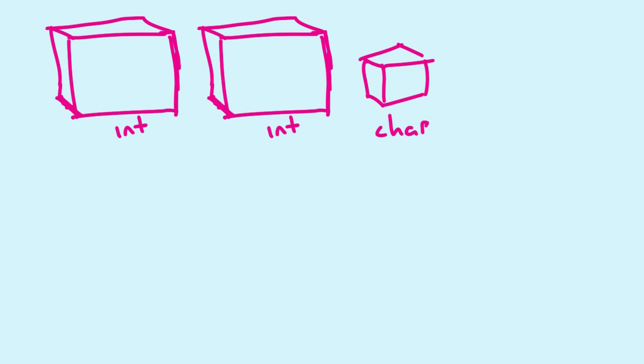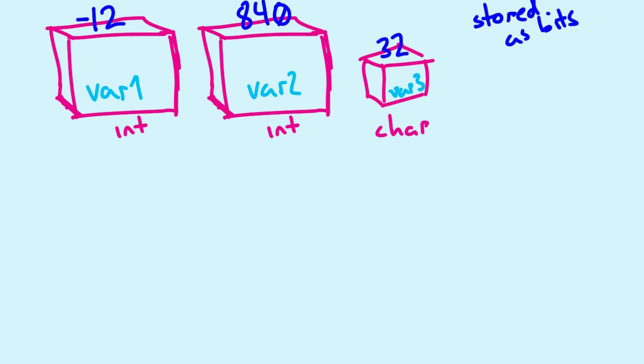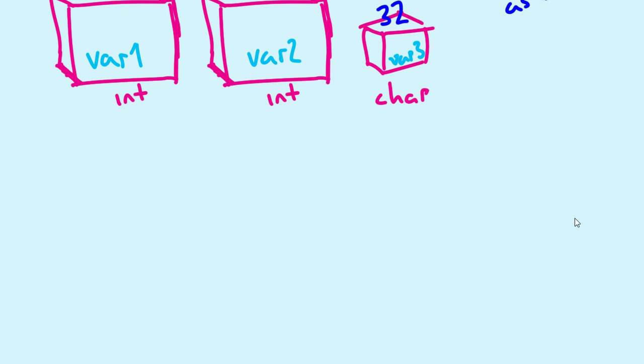So I'm going to give them the names var1, var2, and var3. And they're variables, so they can store a value. So var1 stores -12, var2 stores 840, and var3 stores 32. Now, note that in memory these are stored as bits, and decimal is just a representation that is easy for us to understand. So, let's continue further.